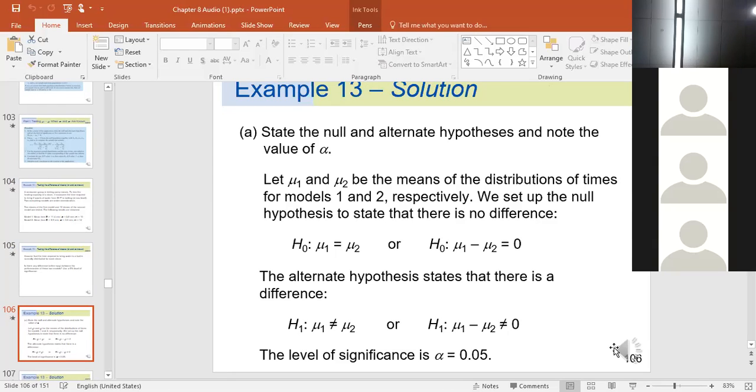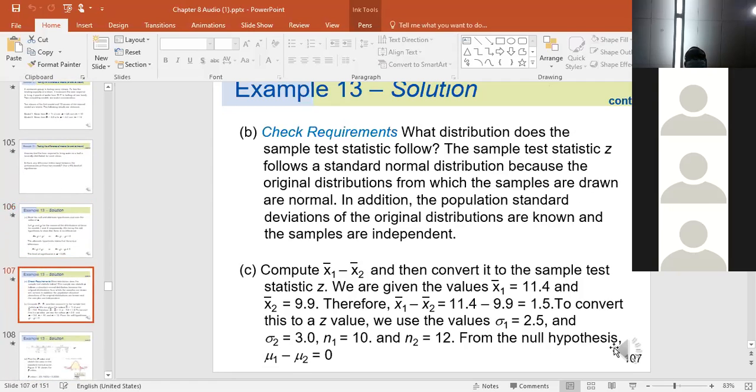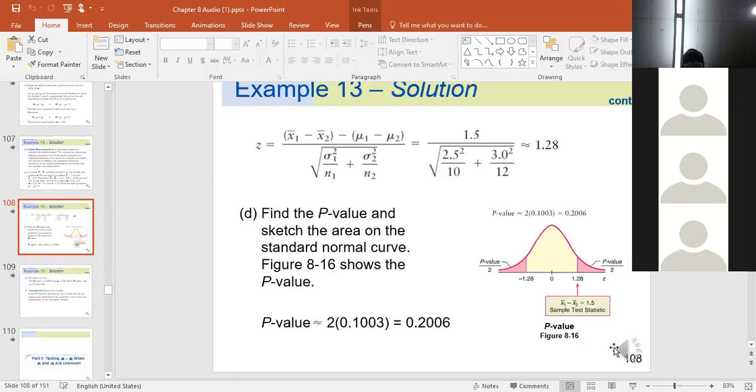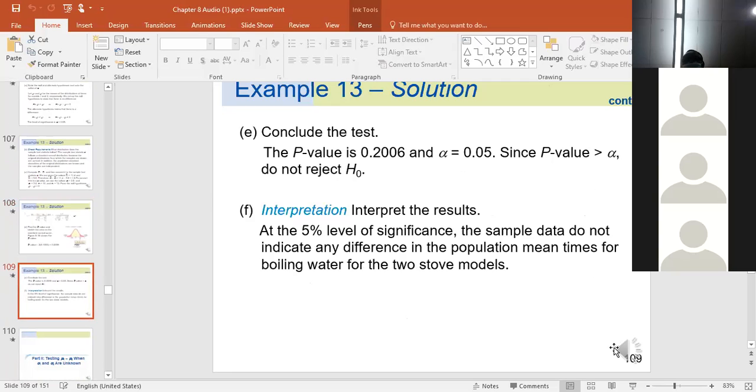Mu1 equals mu2. Mu1 is different from mu2. So you have completed with different.